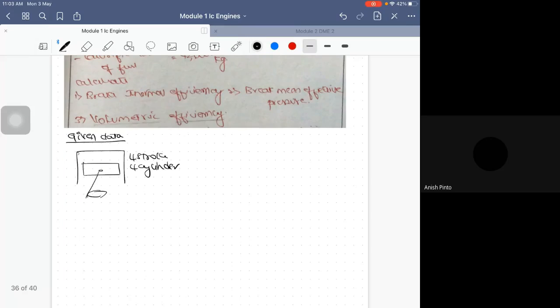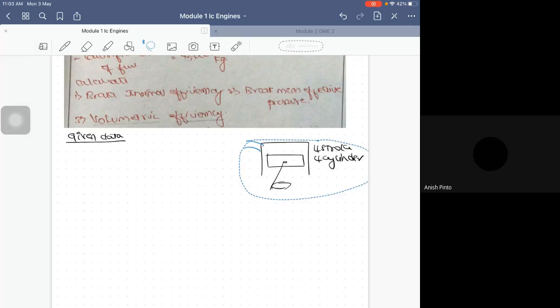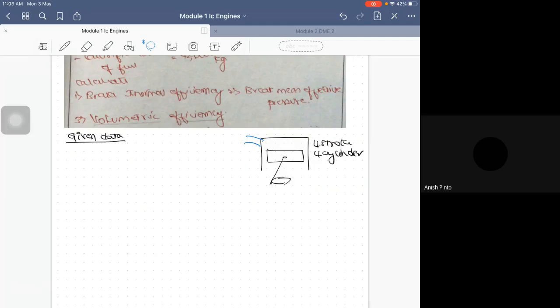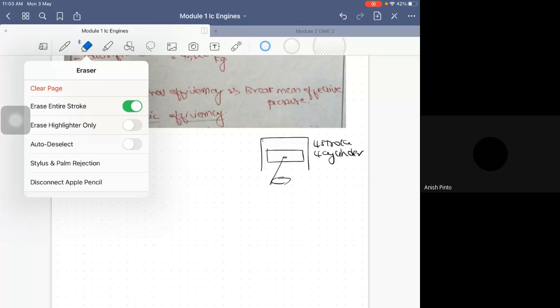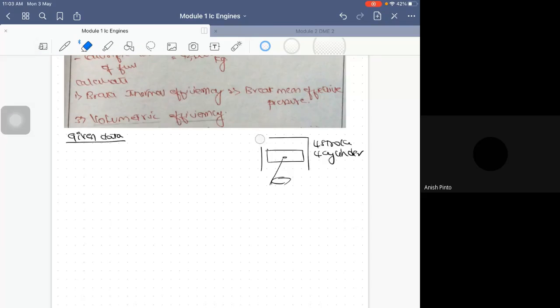Now, there would be air inside this cylinder, isn't it? There would be an inlet. For this particular engine, there would be an inlet pipe through which the air flows.